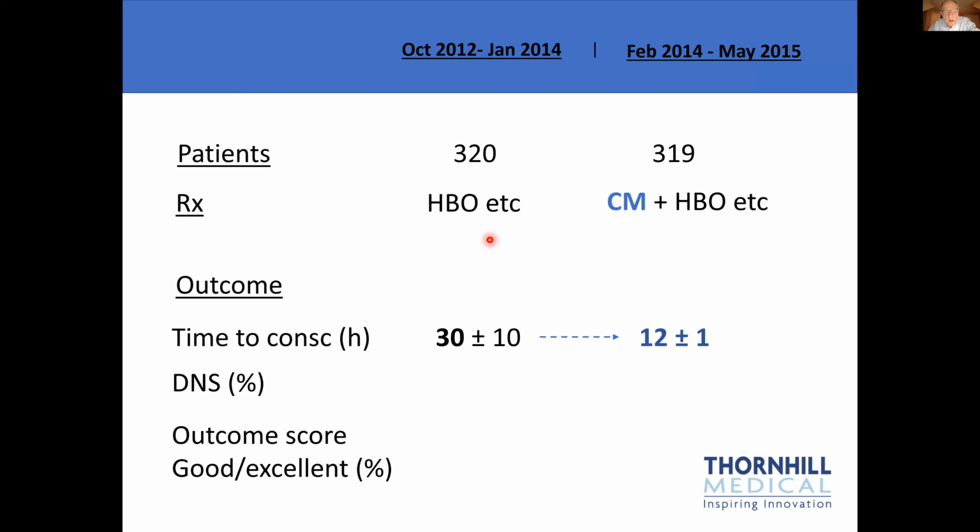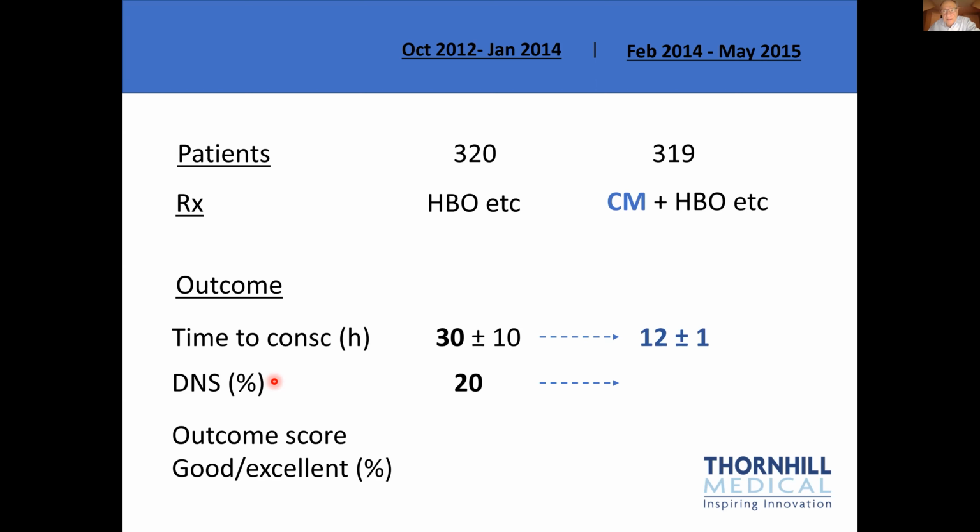A delayed neurological sequelae, which is the main neurological injury that one gets that is long-lasting, was about 20%, which is in the low end of what is found in other studies, between 20 and 45%.